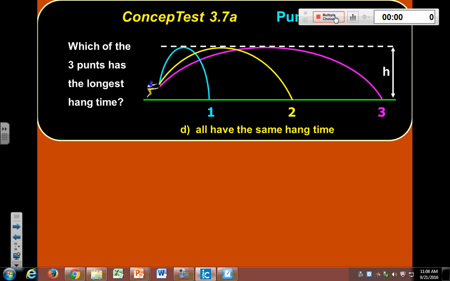Which of these 3 punts has the longest hang time? Let 1 be A, 2 be B, 3 be C, and then D is here. Which has the longest hang time?